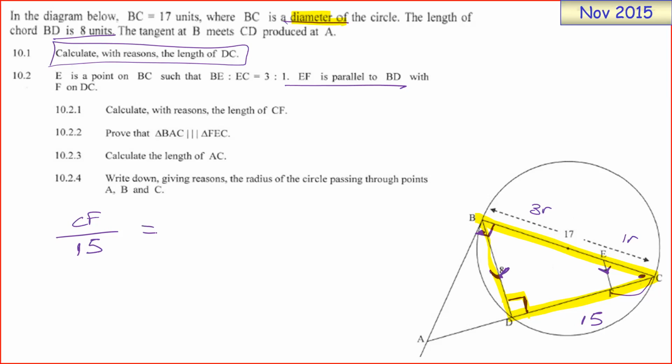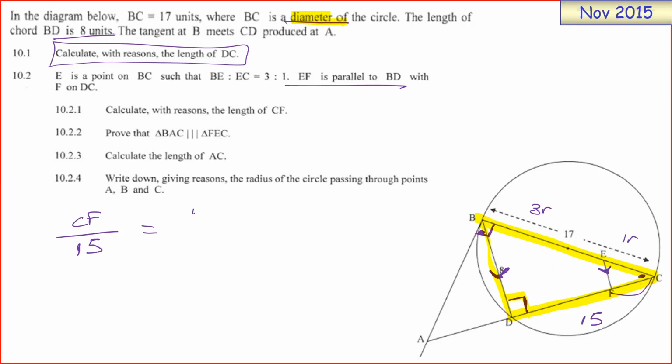So we'd say 1R over 3R. It's EC over CP. I want to know in terms of the ratio.